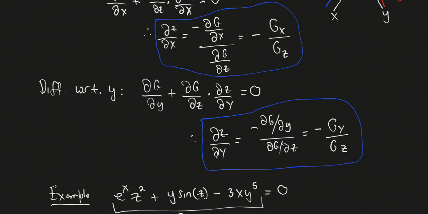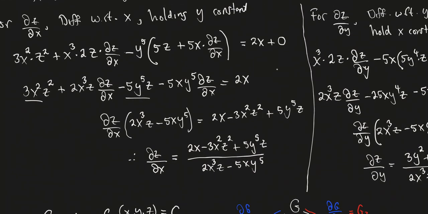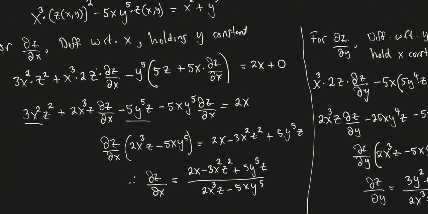If you're doing your partial derivative with respect to y, you have to do your g sub y there, right? So this is just an alternative approach. I'm not saying that you have to use it. It's an alternative approach. If you're more formula-based, then this is a little bit more direct, as opposed to the previous method, which is more formal, where you go through and you differentiate term by term, treating your z as it is dependent on x and y, right?